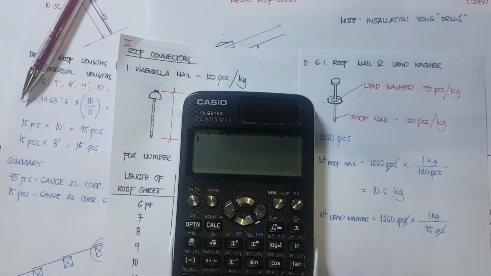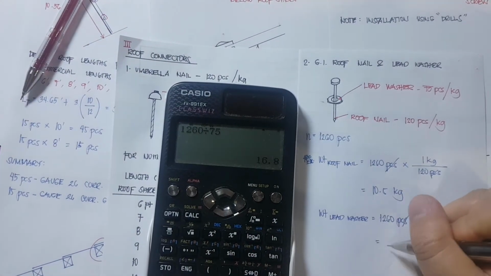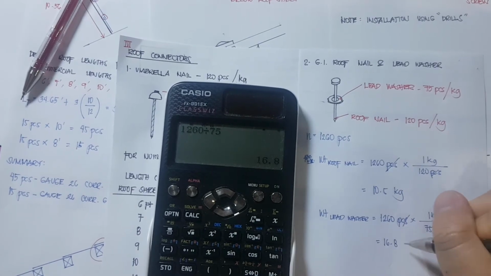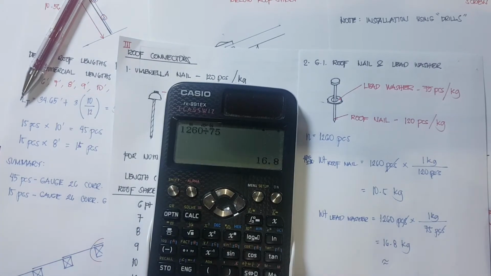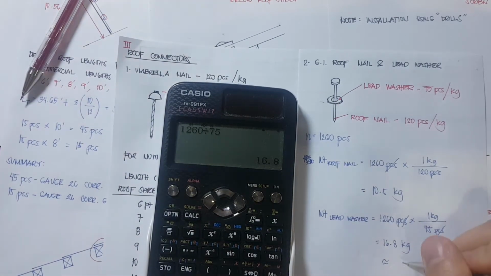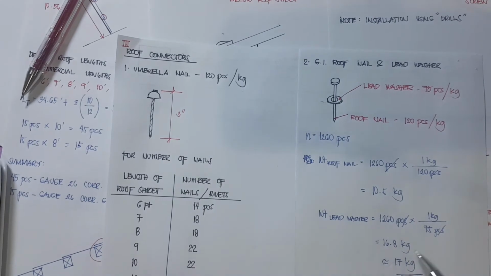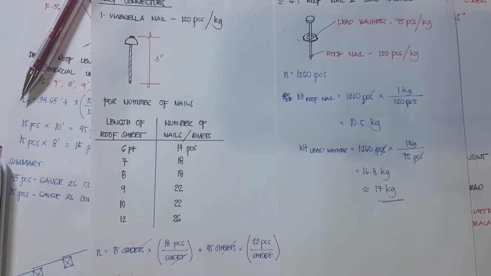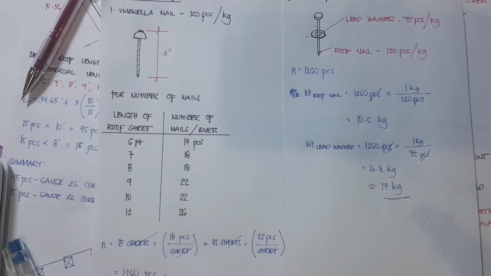So 1,260 divided by 75, that is equivalent to 16.8 kilograms. So if you're going to order that in the hardware, it is 17 kilograms. But for computation purposes, we are going to stick with the decimal places. I repeat, for computation purposes, stick tayo sa decimal place.